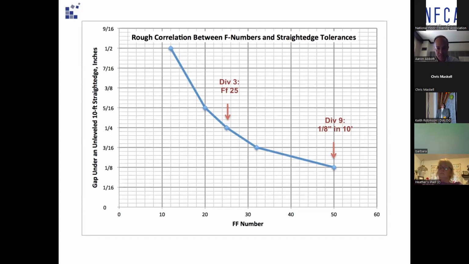For example, a Division 3 floor flatness spec of 25, if you look at the graph, corresponds roughly with a 1/4 inch gap in a 10 foot straight edge. Or if you go to a floor flatness of 50, that roughly corresponds to 1/8 inch in 10 feet, which I believe in Canadian is 3 millimeters in 3 meters, right? Correct.